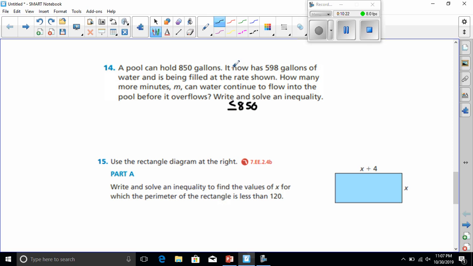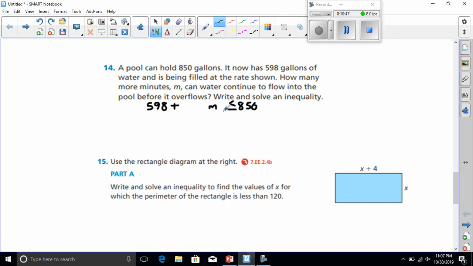It says it now has 598, so 598 is going to be added to something. We have to figure out, it says how many more minutes. Well, we must have a rate given to us somewhere.